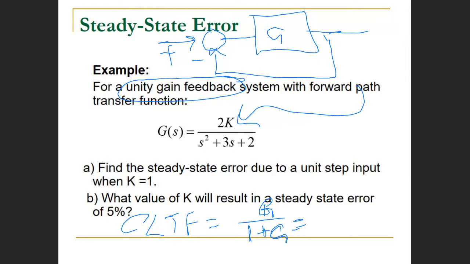I know that what I'm going to end up with is the numerator as in the forward path, divided by the denominator plus 1. So that gives us s squared plus 3s plus 2 plus 1, with the 2k.